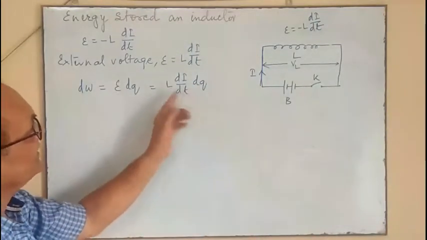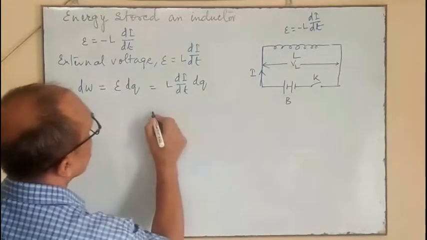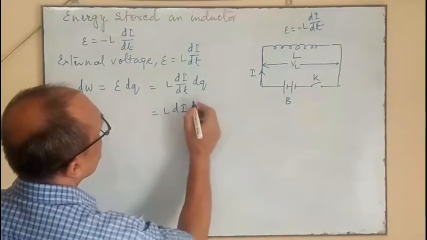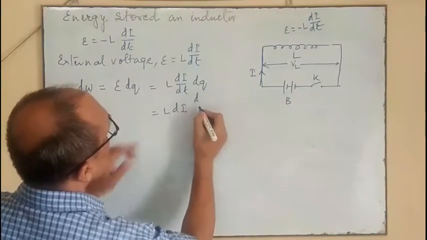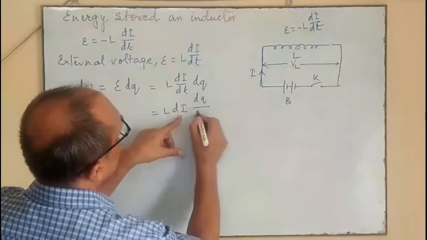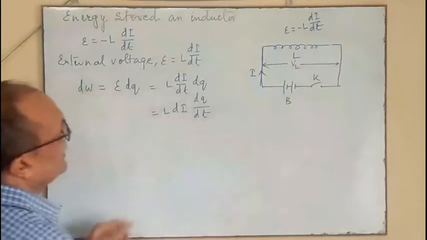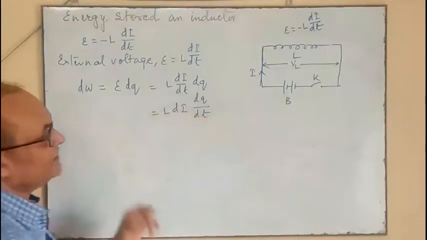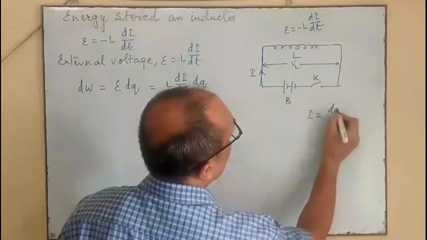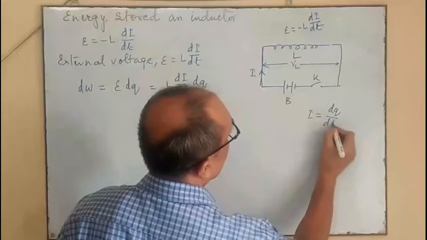Now we can take L di out from here, and dq by dt, and we know very well that I equals dq by dt.